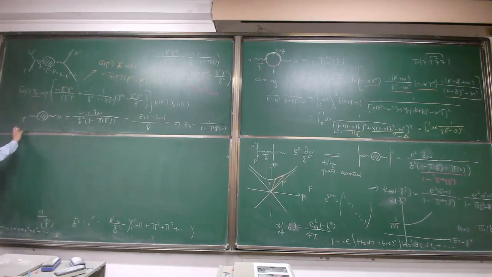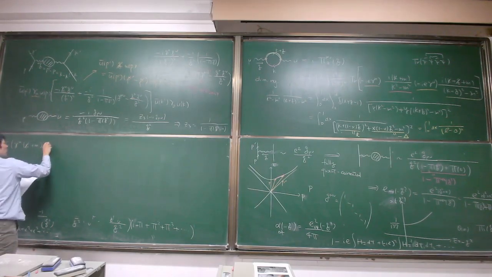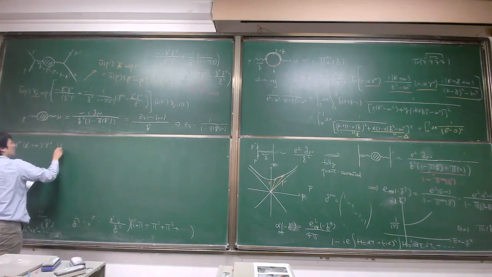So the numerator is the trace of gamma mu, slash of m, gamma mu.